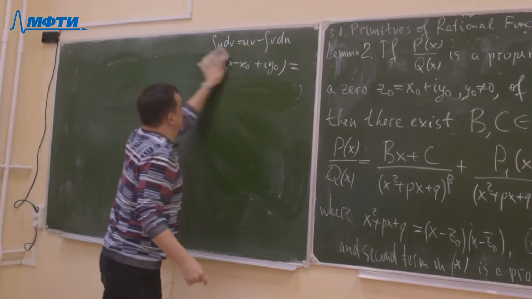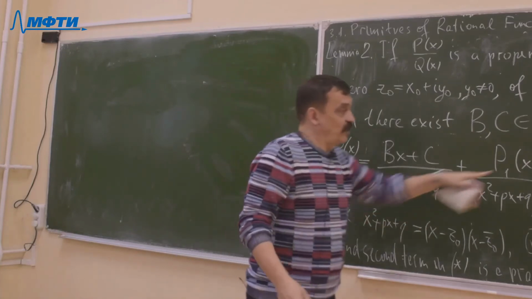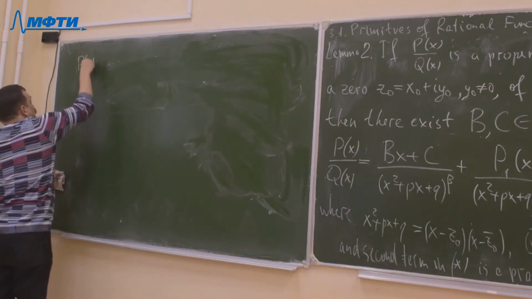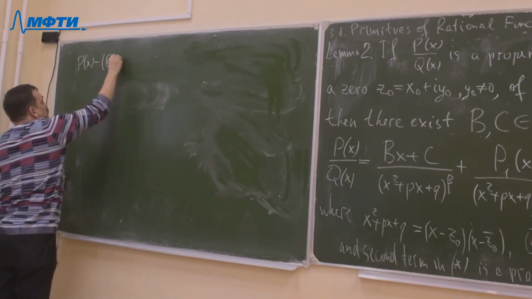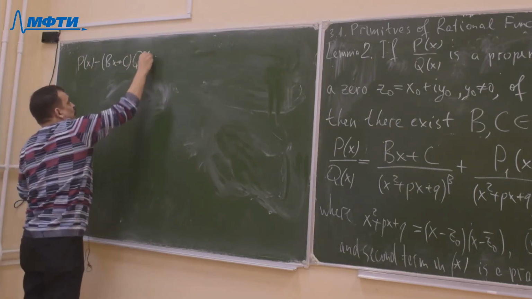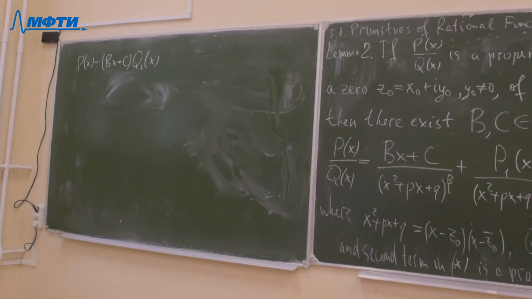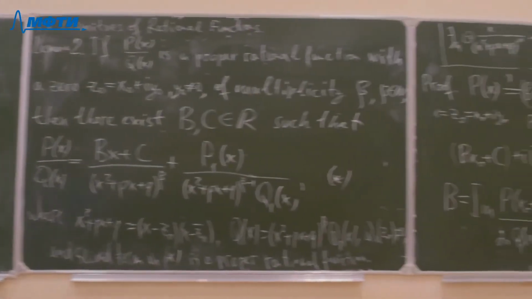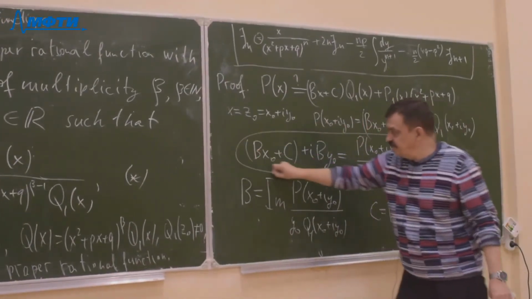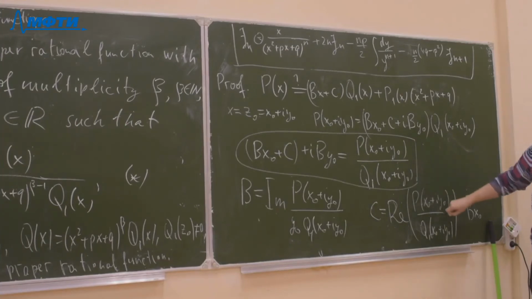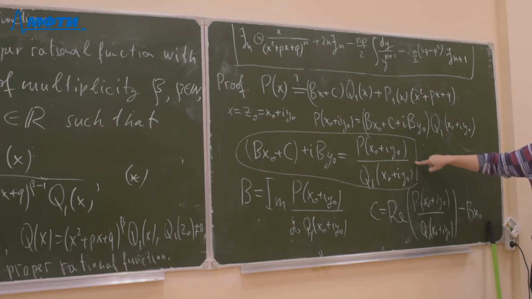So b and c now are found, right? And we consider the polynomial p of x minus bx plus c times q1 of x. That is a real polynomial. And what we obtain? Because of the definition of b and c, right? That is the definition of b and c, right? How we obtain them? Look, because of that definition, what we observe?